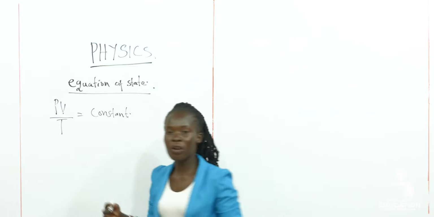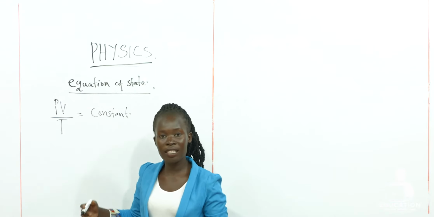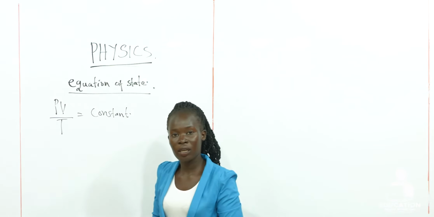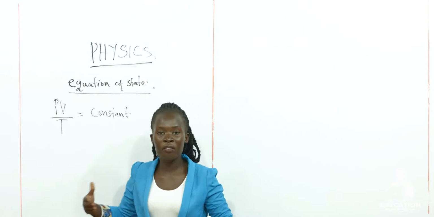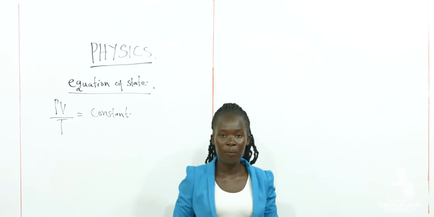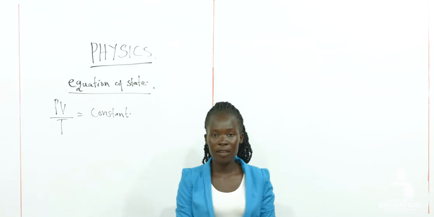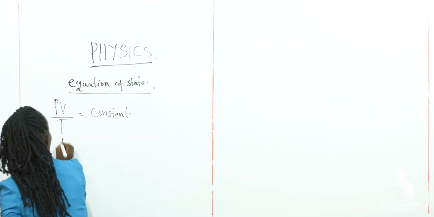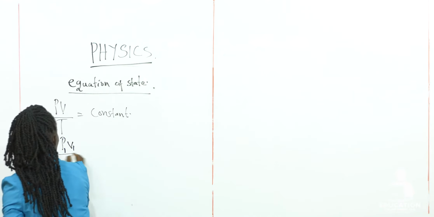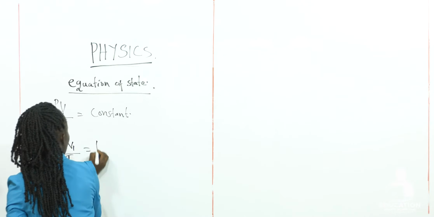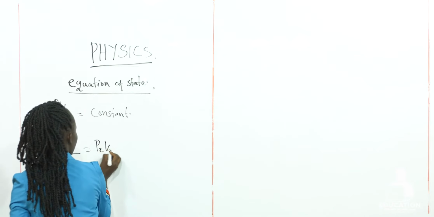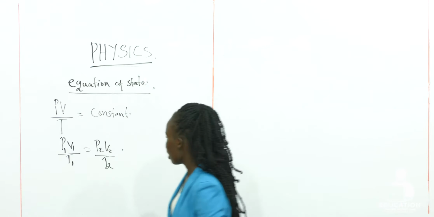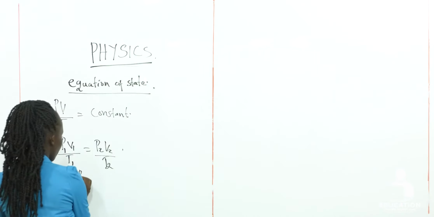If you have the pressure, the volume of that gas, and the temperature at the start of your experiment, you will also have a different temperature, pressure and volume at the end of the experiment. So that means we shall have P1 V1 over T1 equals P2 V2 over T2.